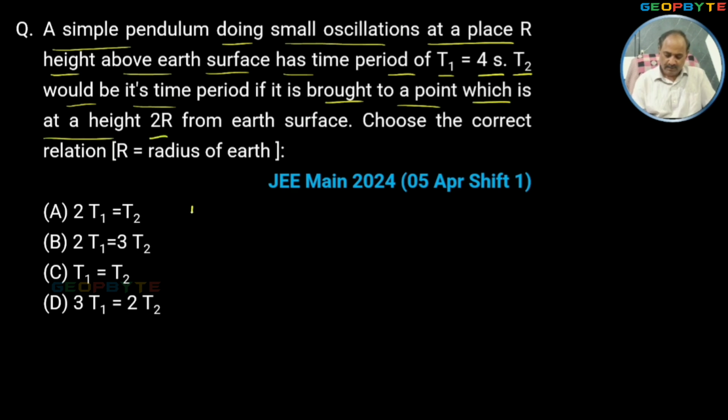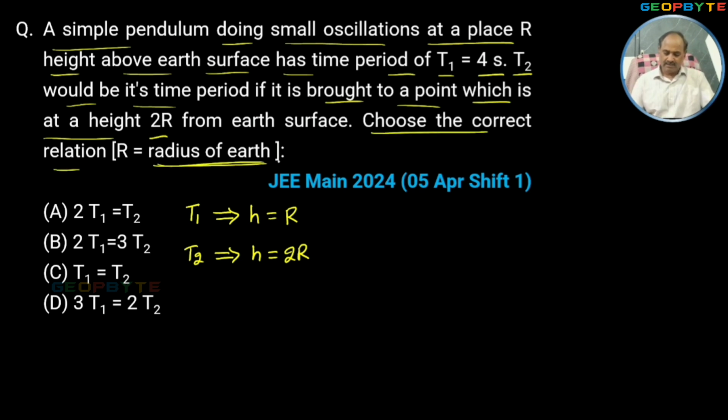That means t1 is the time period when the height is equal to the radius of the earth from the earth surface. Similarly, t2 is the time period when the height of the simple pendulum is twice the radius of the earth from the earth surface. Choose the correct relation, where r equals the radius of the earth.